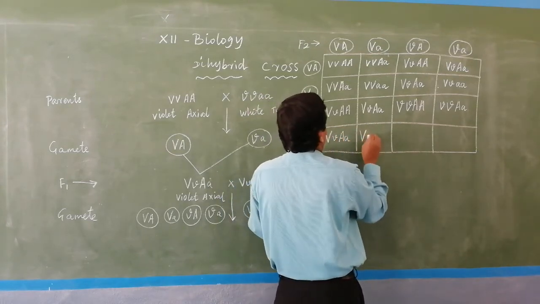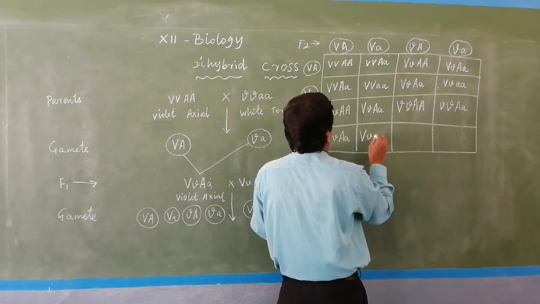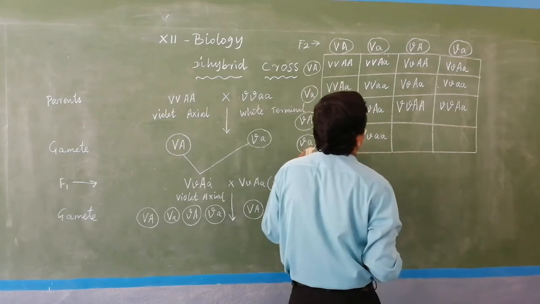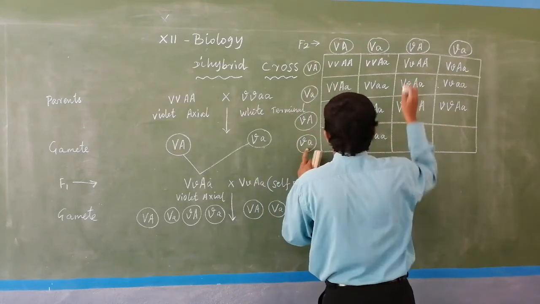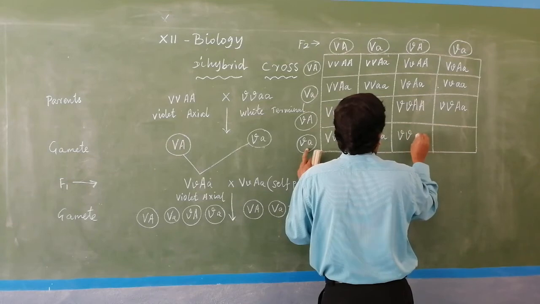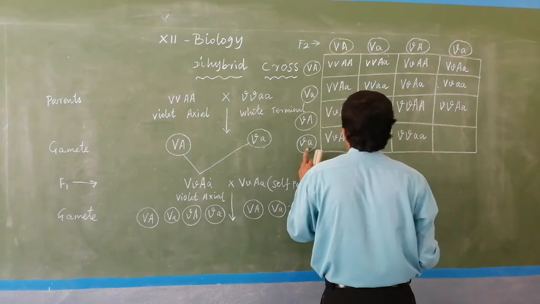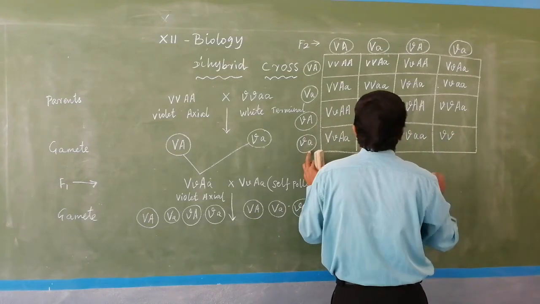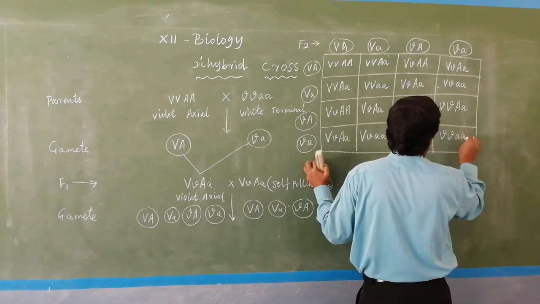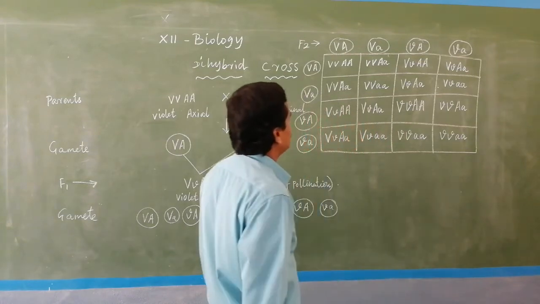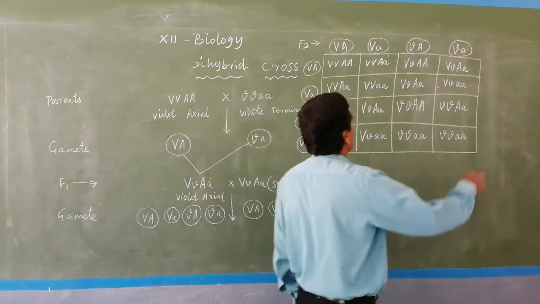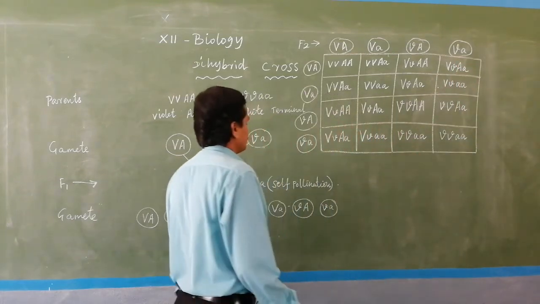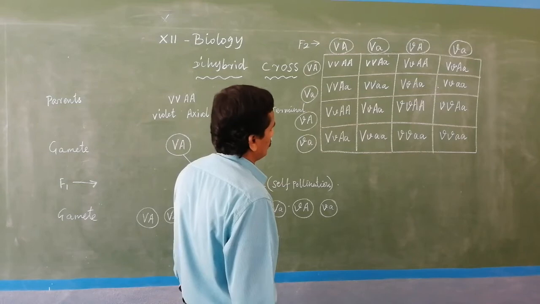Then capital V, small v, small a, small a. Then small v, small a, small a. Small v, small a, small a. This is one actually. This is the F2 generation.